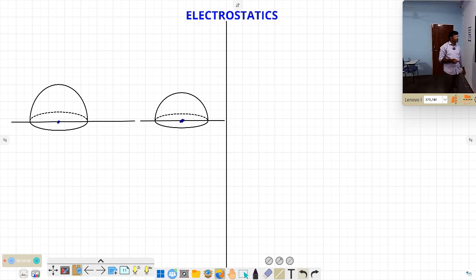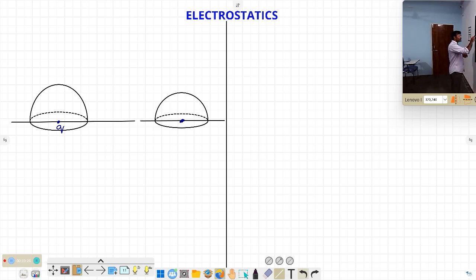Now the concept is, first I'm keeping one charge Q here. Whenever the charge is placed at that point, what is the flux enclosed in that surface area? This is one of the hemispherical surfaces.